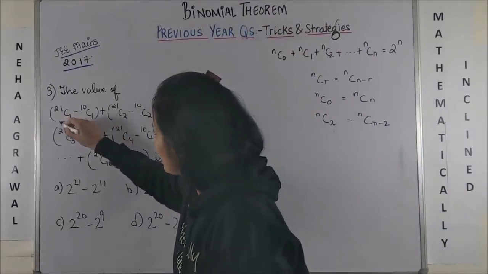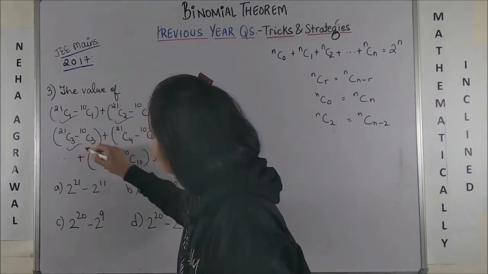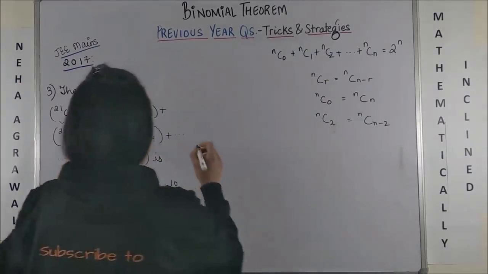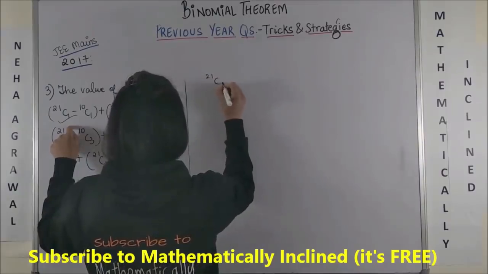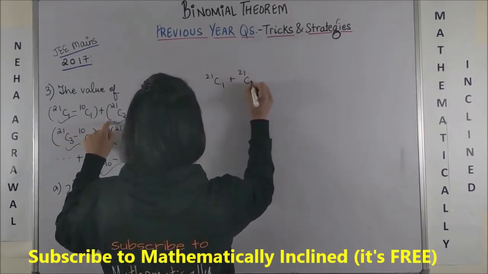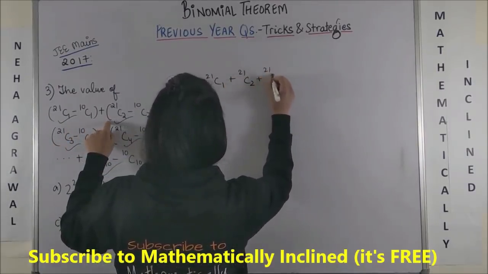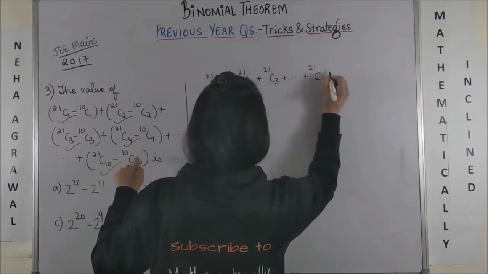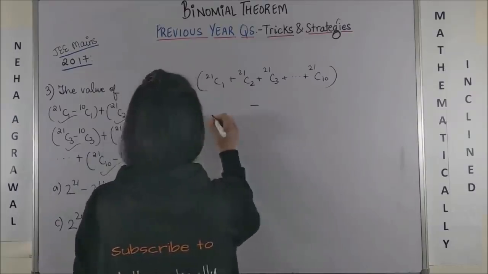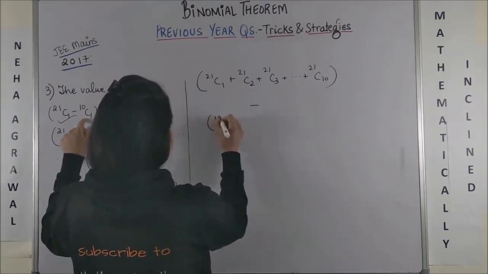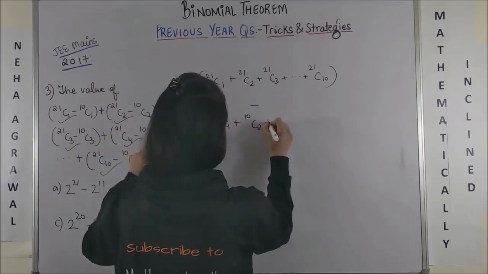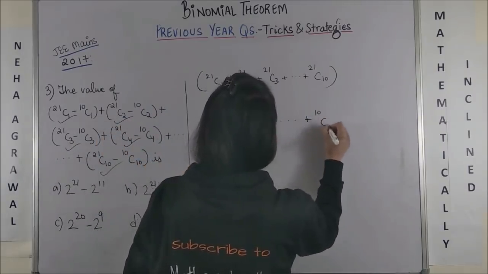So, first of all, I'm going to segregate all the terms with 21Ci. We write this as 21C1 plus 21C2 plus 21C3 and so on till 21C10, minus, now if I take the terms of 10Ci, 10C1 plus 10C2 so on and so forth till 10C10.